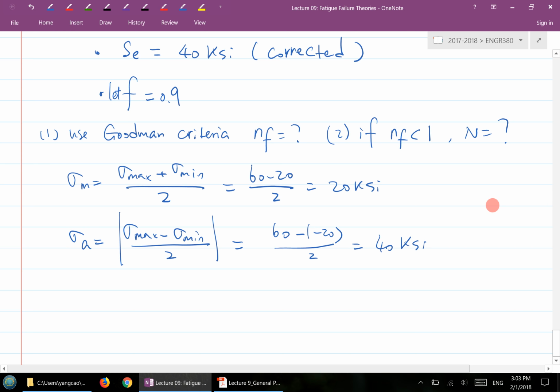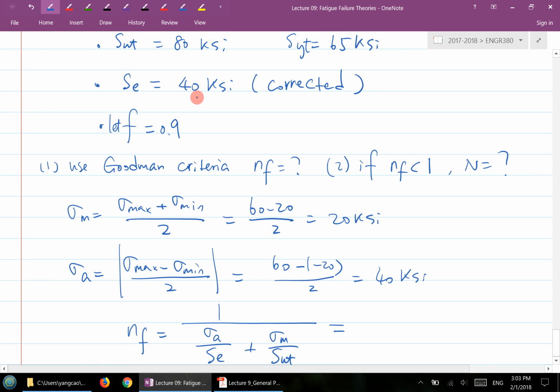Now we have sigma a and sigma m, so we can apply our Goodman criteria. Goodman criteria says NF equals 1 over (sigma a over SE plus sigma m over SUT). SE we have already found as 40, and SUT is 80.